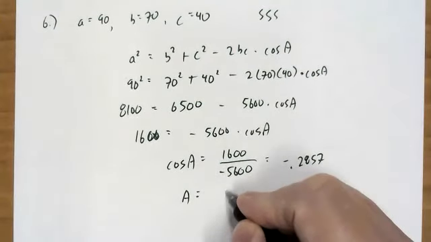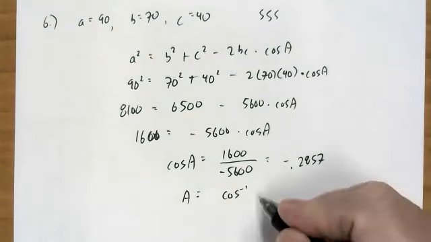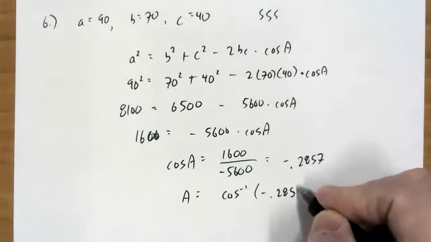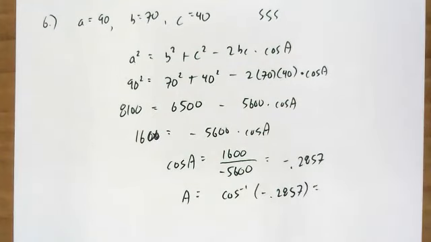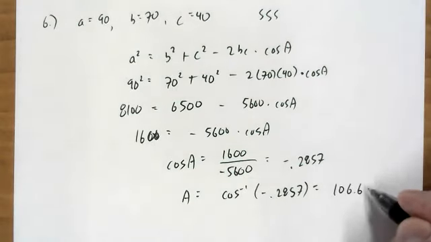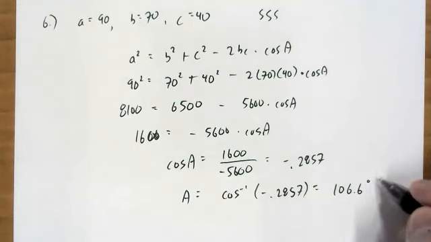So angle A is the inverse cosine of negative 0.2857, which is 106.6 degrees.